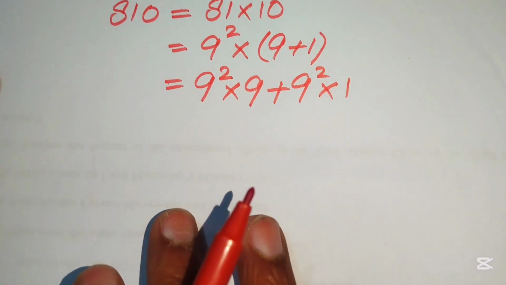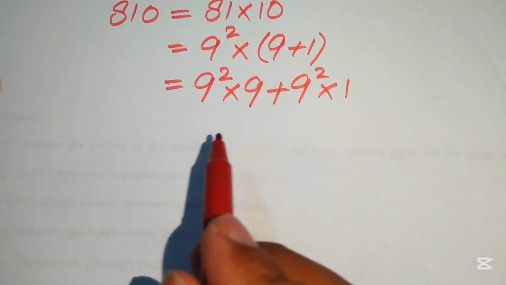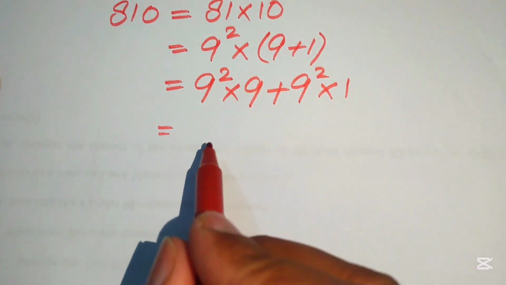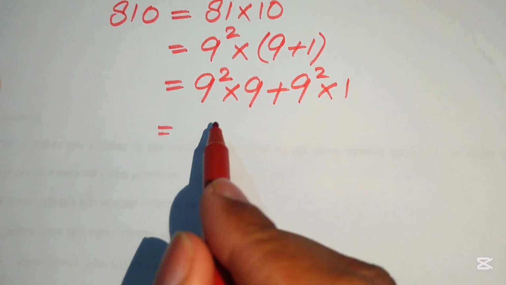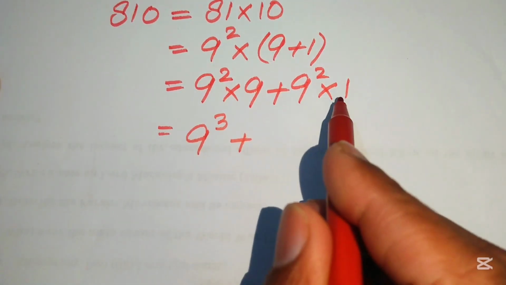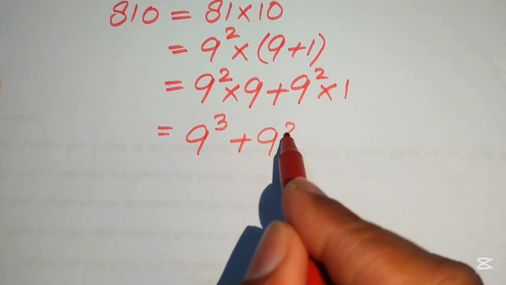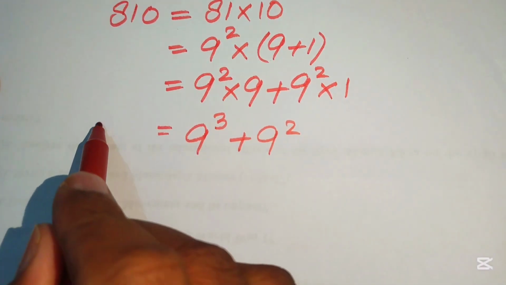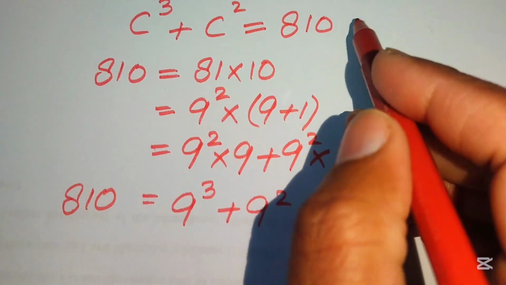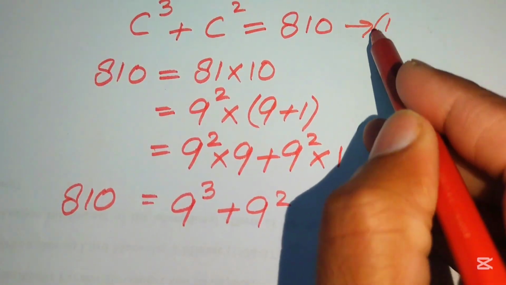Now the bases are the same, so we add the exponents. So 9 square multiplied by 9 becomes 9 cubed, plus 9 square times 1 equals 9 square. This is the simplified form of 810.